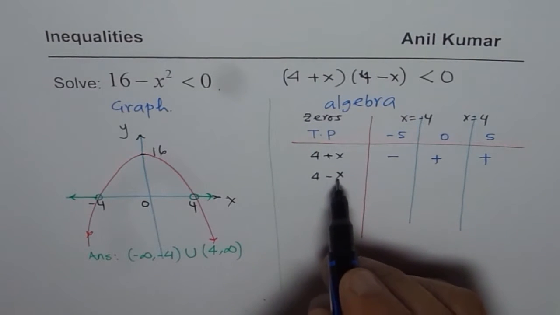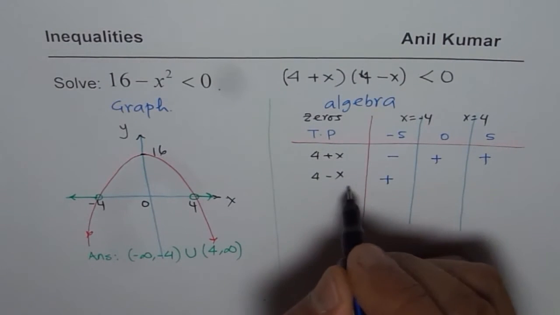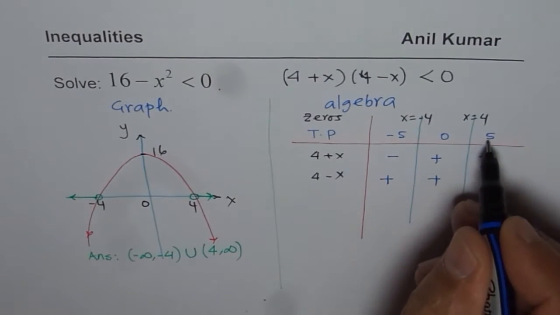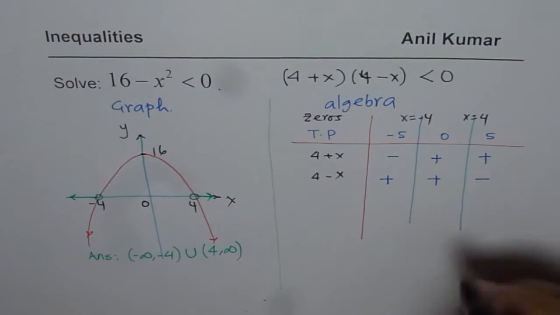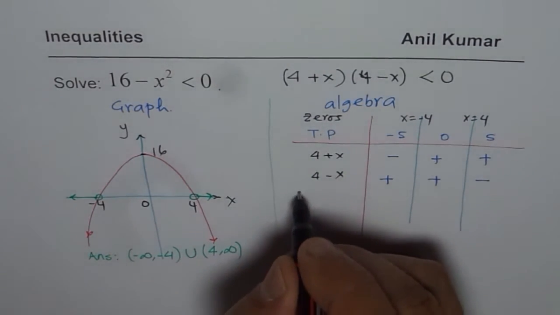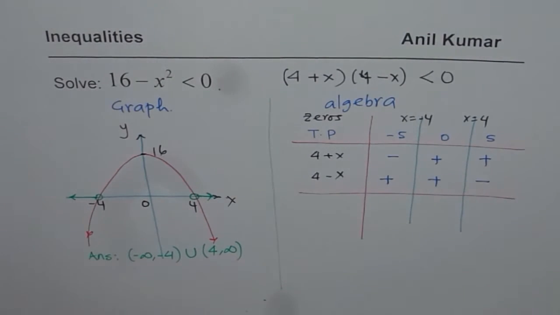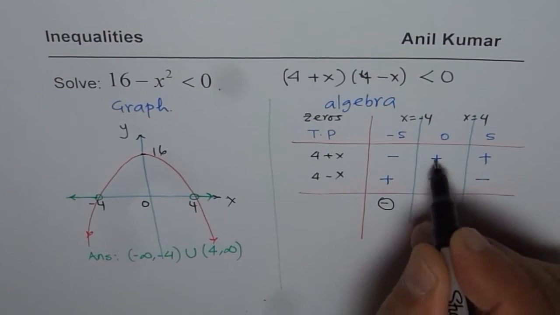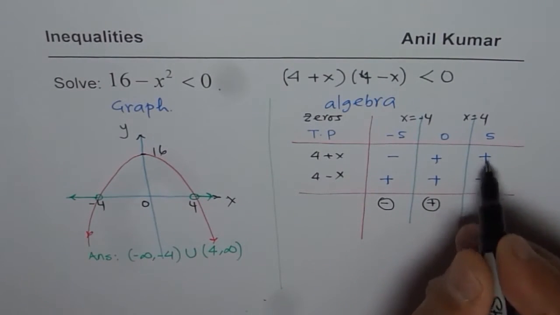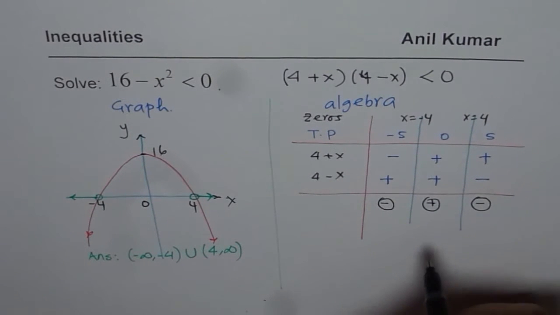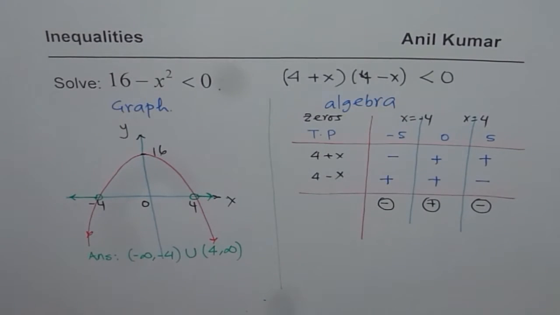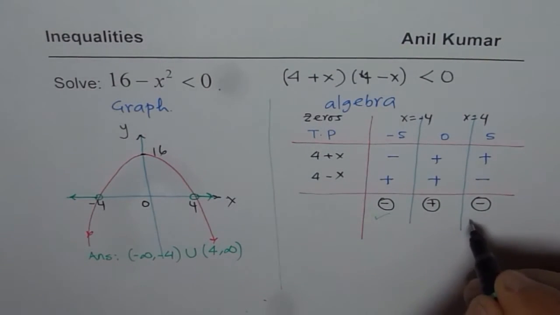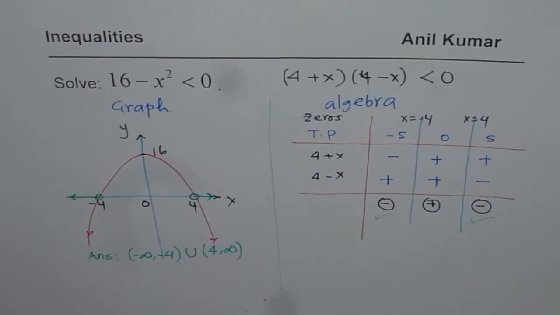For the second factor, minus 5 will make it positive, 0 will make it positive, and 5 will make it negative. Now when you multiply these two factors, negative times positive is negative, positive times positive is positive, and positive times negative is negative. Since we want less than 0, our solution should be these two intervals, the way we wrote it. So that is the second method.